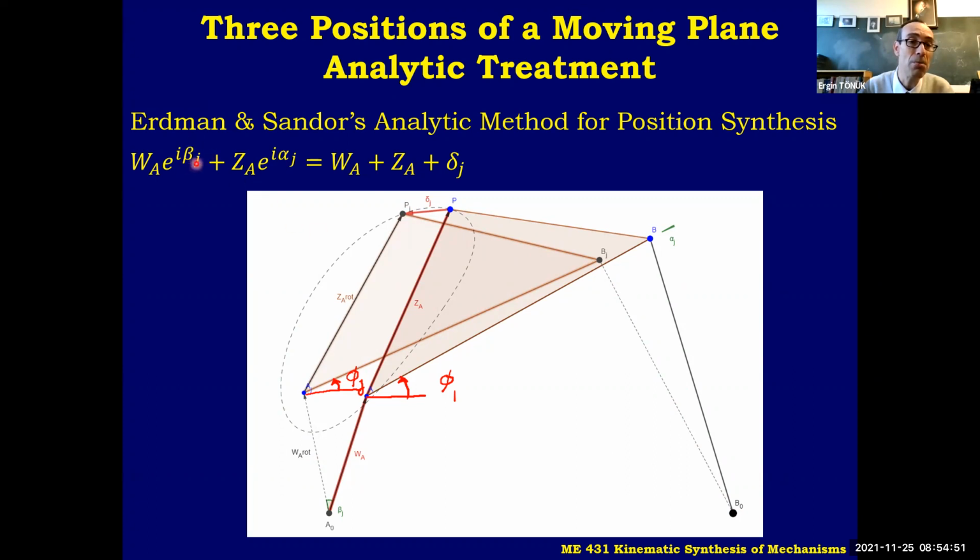So this is going to be B prime, but this is going to be the same because these two vectors are on the same rigid plane. So we can also write it for A, B, and the crank rotation will be different, okay? So WA and WB will be different, ZA, ZB will be different, beta j and beta j prime will be different, but alpha j will be the same. It's the rotation of this plane, it's unique, will be the same. So you could write it for A, B, or any point you like.